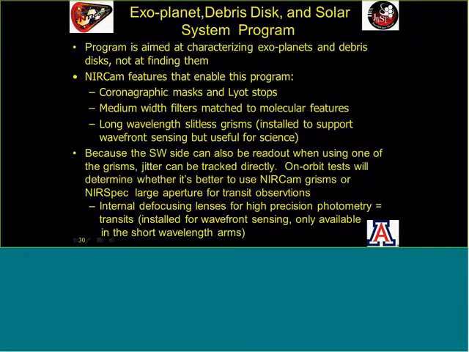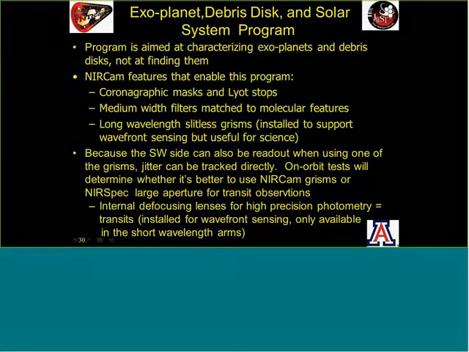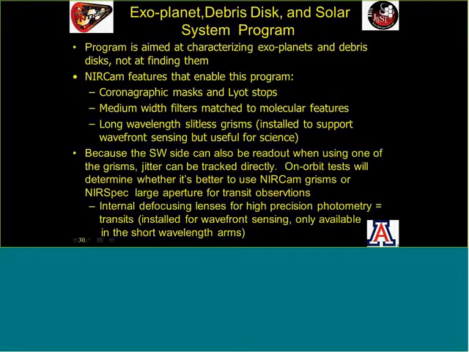We can read out the short wavelength side at the same time that we're using a long wavelength GRISM, and consequently we can either use that to monitor pointing jitter or potentially monitor star spots, and possibly to take a spectrum using the DHS. And so NIRCam may be quite flexible for doing transit work.